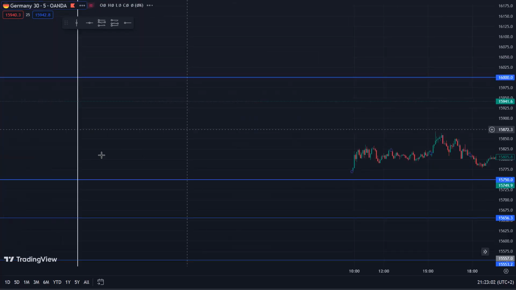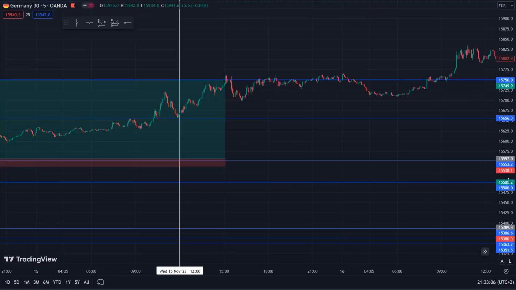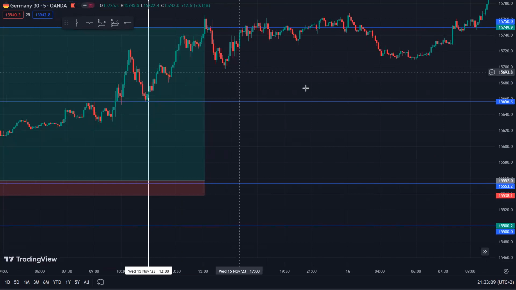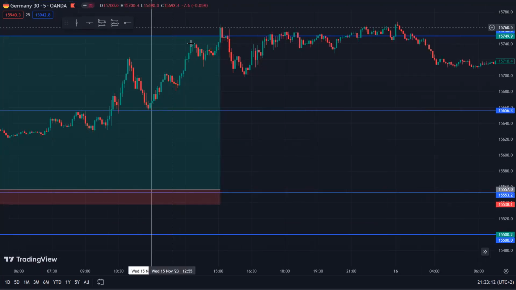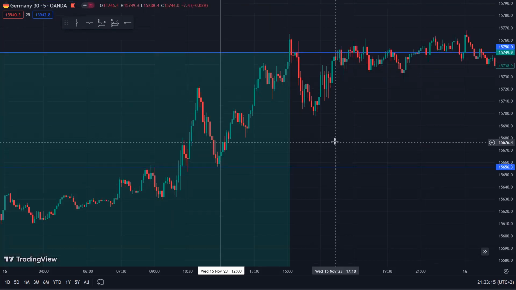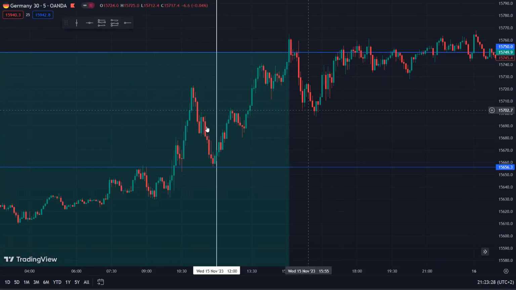Oh, it's even better. You see, it's an open entry, an open candlestick entry, if I may call it an impulsive candle entry.